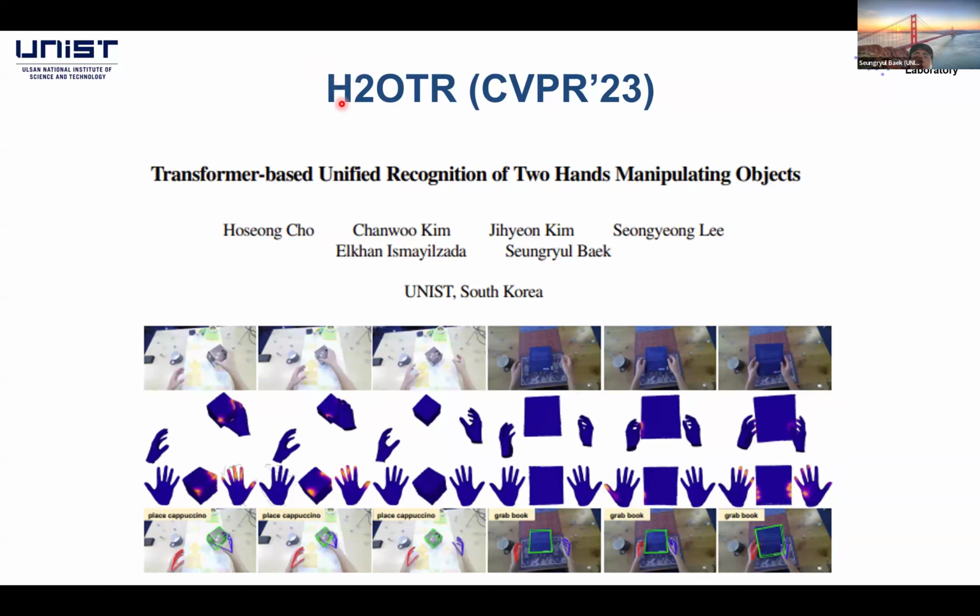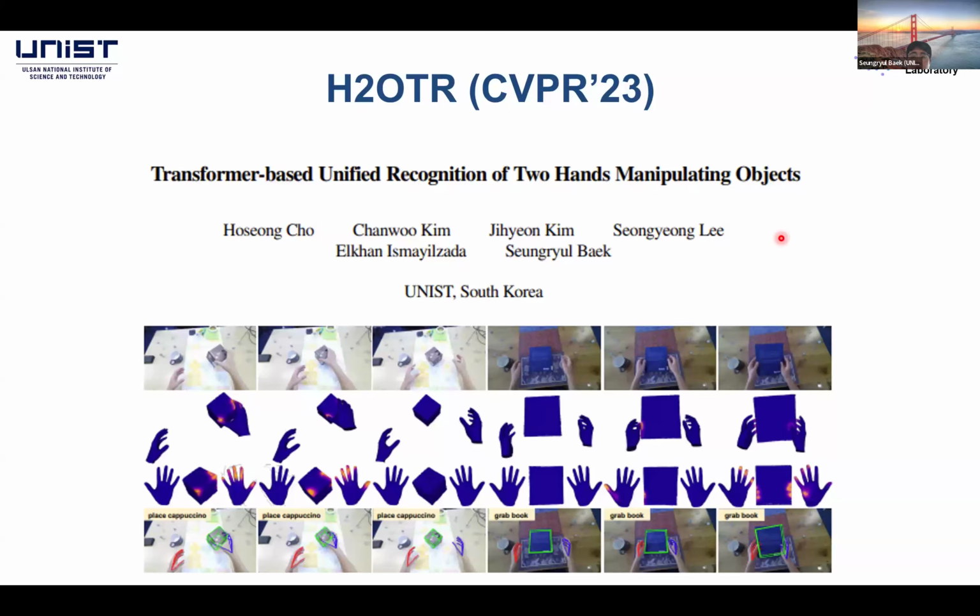Because there are two hands and one object, there is a dataset called H2O, and we made a transformer-based architecture to deal with this problem. It is a transformer-based unified architecture for understanding this scenario.